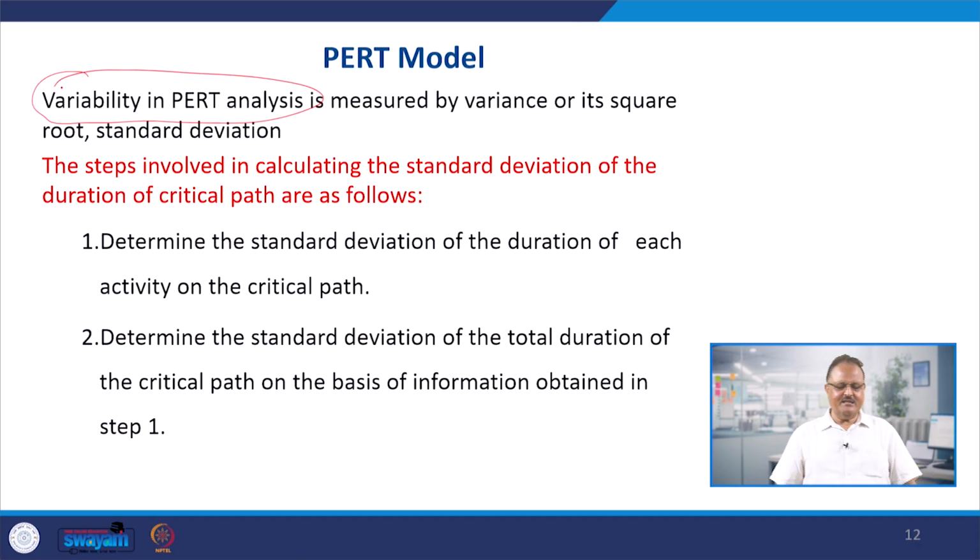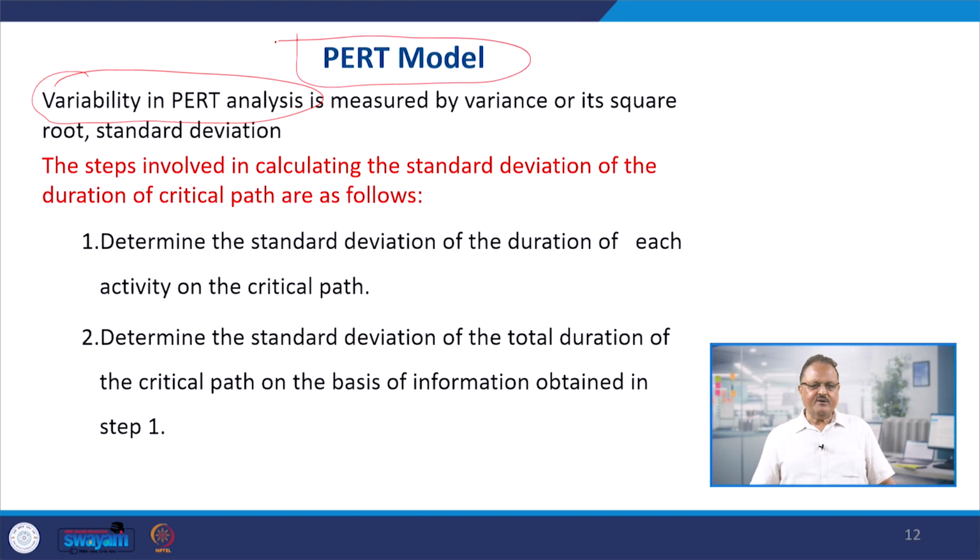Why the variability in the PERT analysis? First of all, this is a question. Variability in PERT analysis is measured by the variance or its square root, standard deviation. Mind one thing: when we use the PERT model for developing the networks, what is the first condition where we use it?